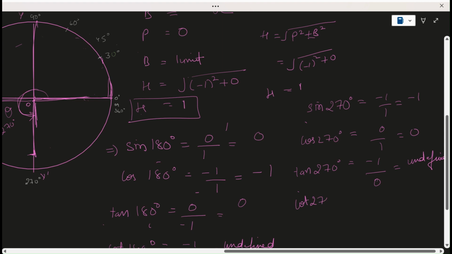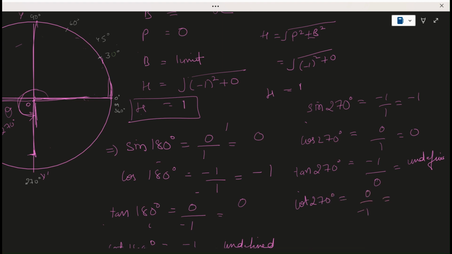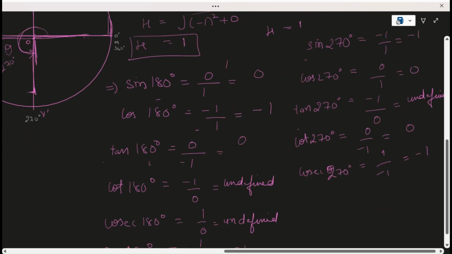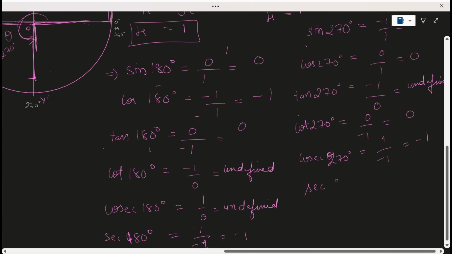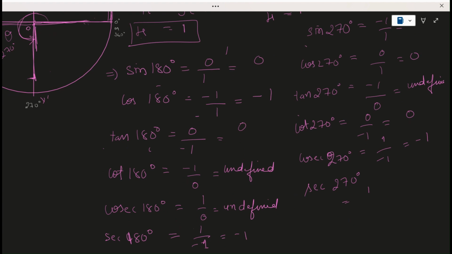Cot 270 degree is 0 upon minus 1, that is 0. Then cosecant 270 degree is 1 upon sine, that is 1 upon minus 1, that will be minus 1. And finally secant 270 degree is 1 upon cos, so 1 upon 0, that is again undefined.